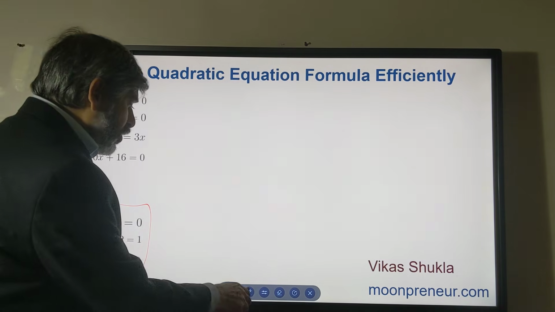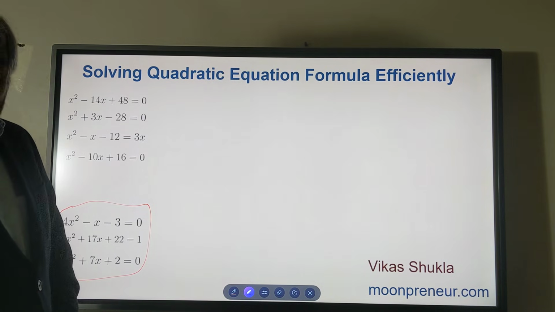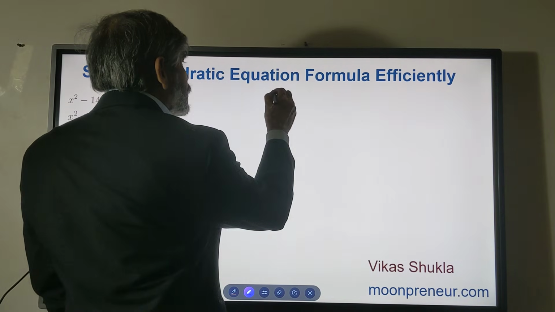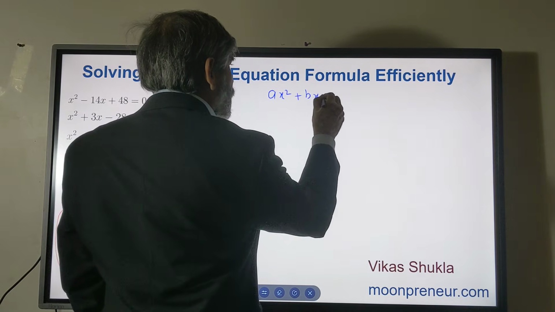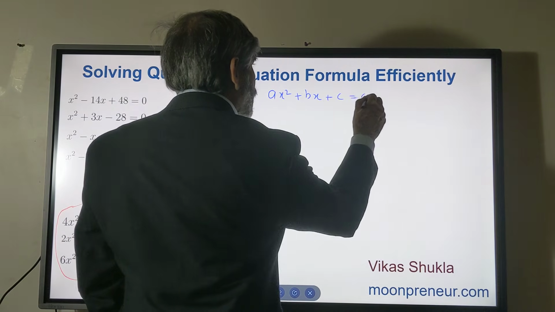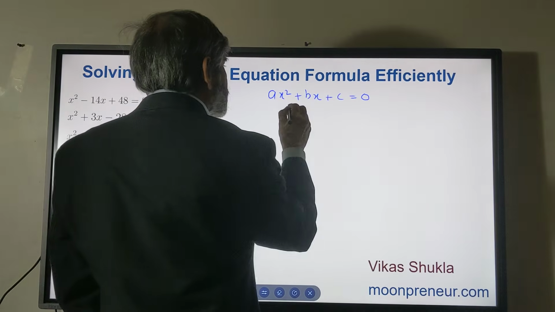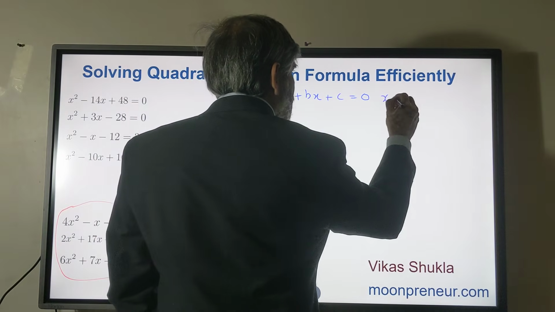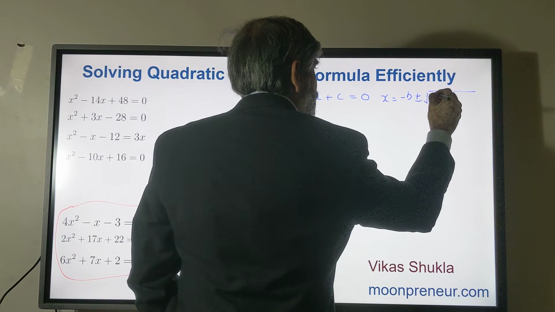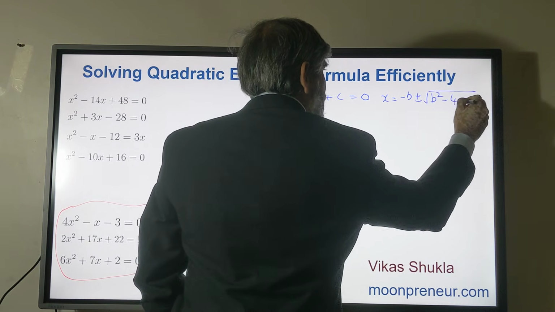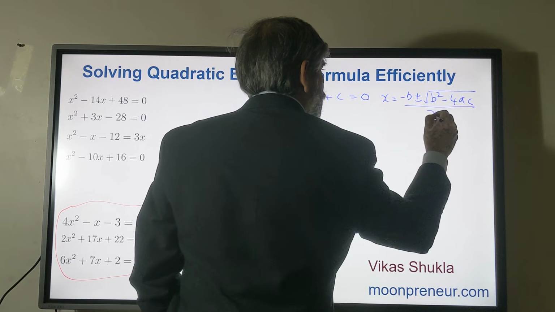To do this, let's consider the formula ax square plus bx plus c equal to 0. And we know that the solution to this equation is x equal to minus b plus minus square root of b square minus 4ac divided by 2a.